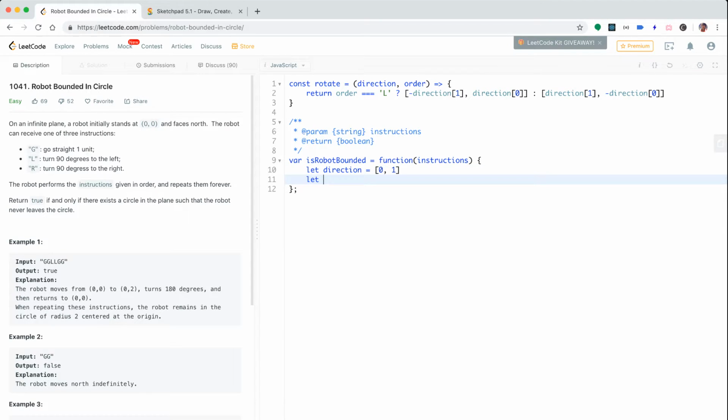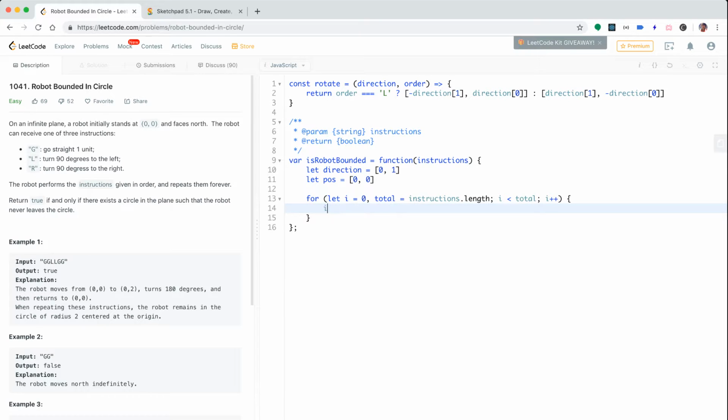Let core power position equals 0, 0, and for let I equals 0, total equals instructions dot length; I smaller than total, I plus plus.